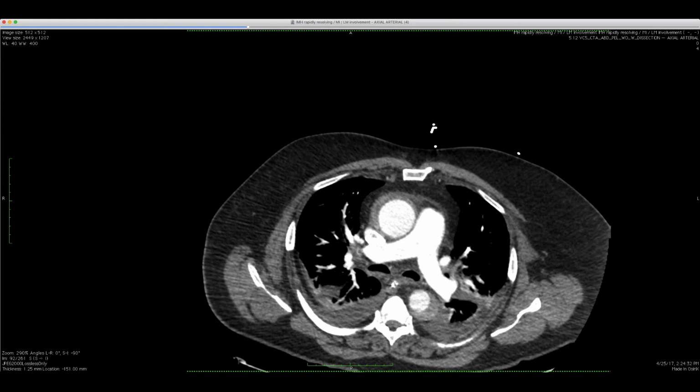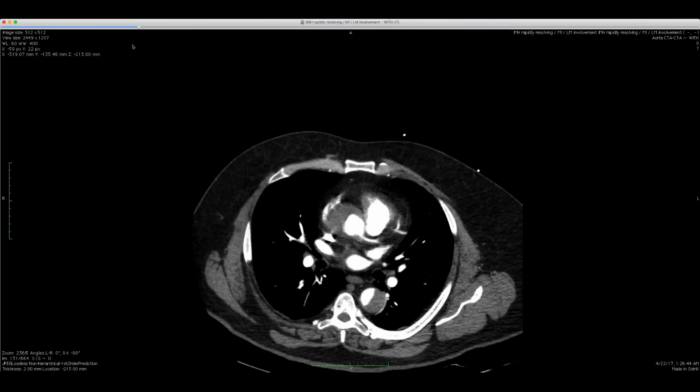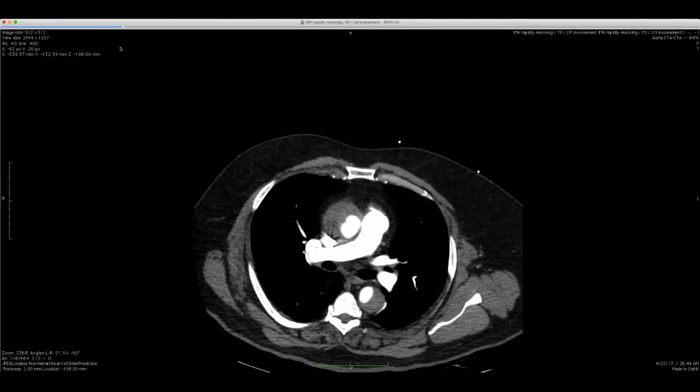At the same time, as the blood clots, it becomes denser, and then you get the delayed high density in this thing. So I think this is an aortic dissection. If you got some more scans, you might eventually see that there's contrast flowing in a false channel, and it really declares itself as a classic dissection later.